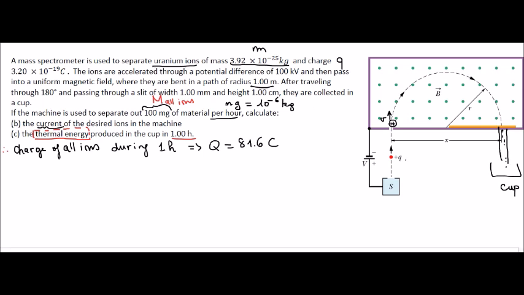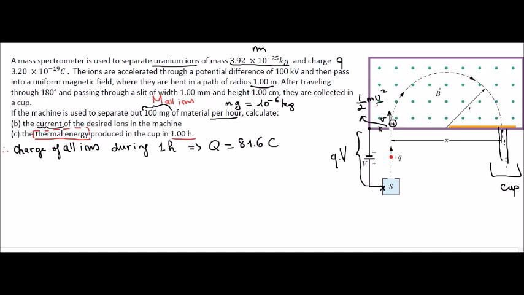Let me take just one ion and see how the energy related to this one ion changes. So the ion will go from here to here. What is the energy here? qV, potential energy. When it goes into the magnetic field region, at this point, what is the energy? Half mv squared. Does this energy change going through a region of B field? No. Why is that?